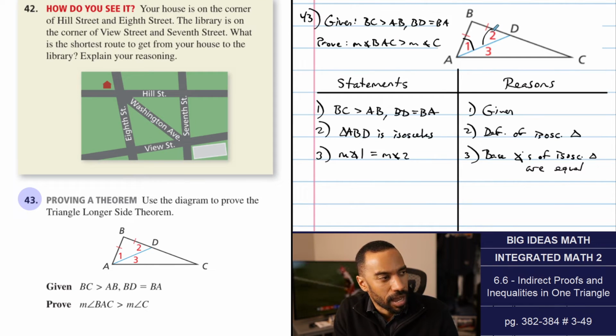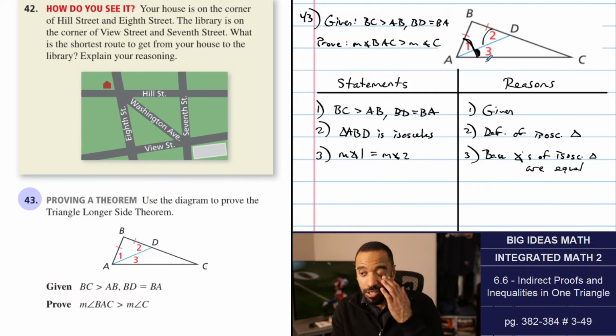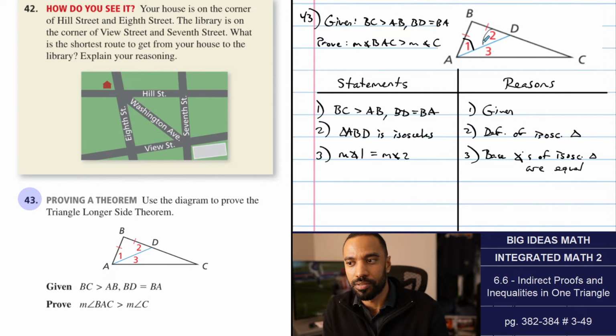Hold on. I lost how I'm going to use what I'm going to say with these two being the same. I can say that when I add this one to it, it makes this larger than that one. Yeah, that's fine. Okay, listen. There are one of two ways we can do this, and either should work. But this one actually uses measure of angle 3 this time, I think. If these are isosceles, that means these two angles are the same.